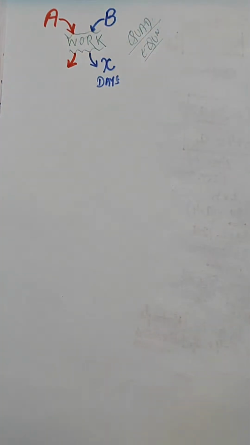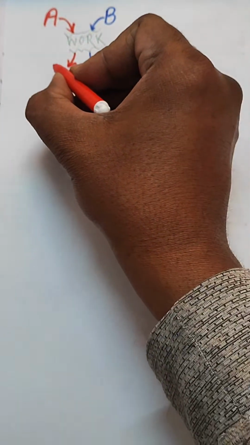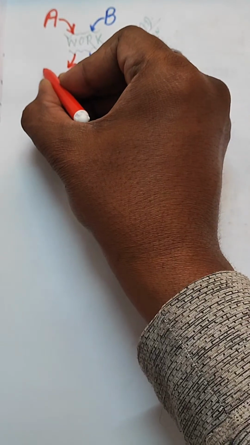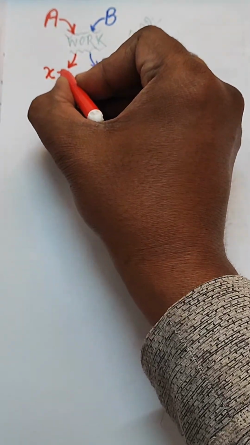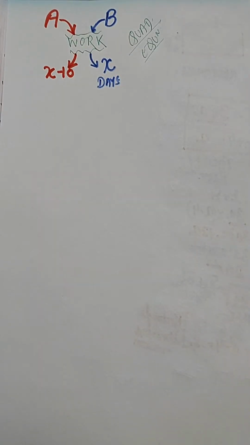It's given that A takes 10 days less. That means A is more efficient, so the time taken by him is x minus 10.